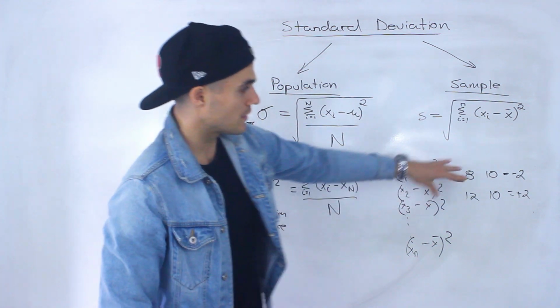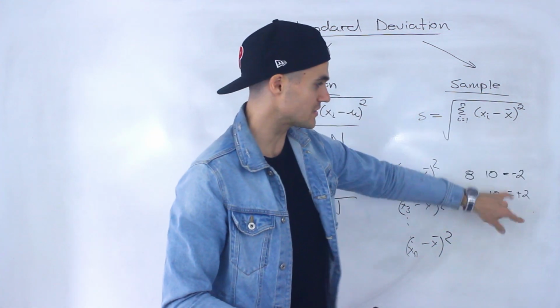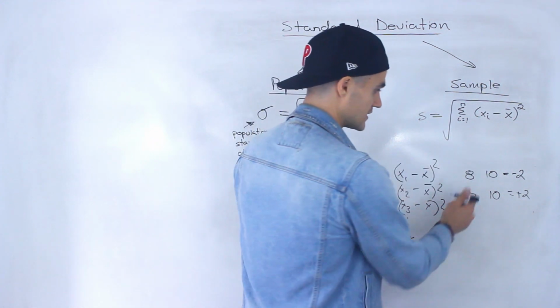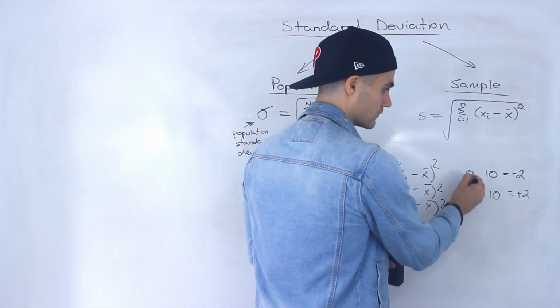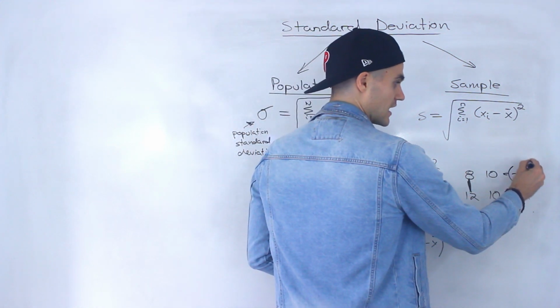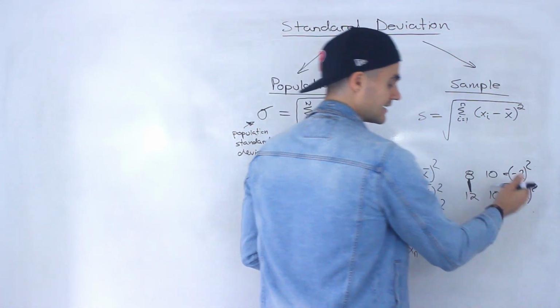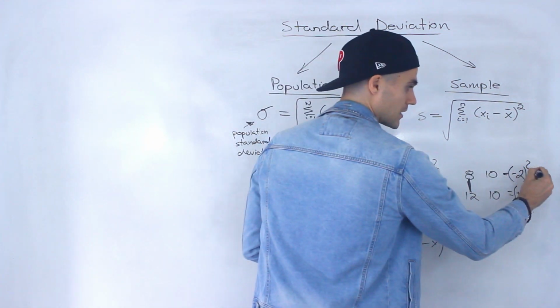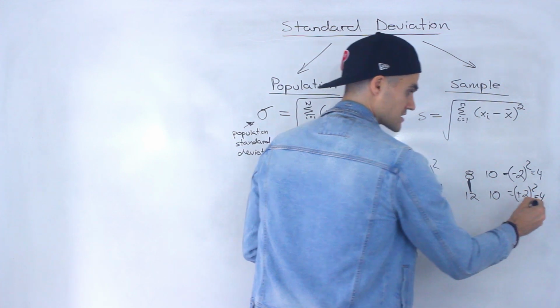Well, if you don't square them and you just add these up, notice that they're going to net out to 0, right? But there is variation in the data. It's varying between 8 and 12, right? And so what squaring these deviations allows you to do is change everything to a positive number. So this would end up being +4, this would end up being +4.